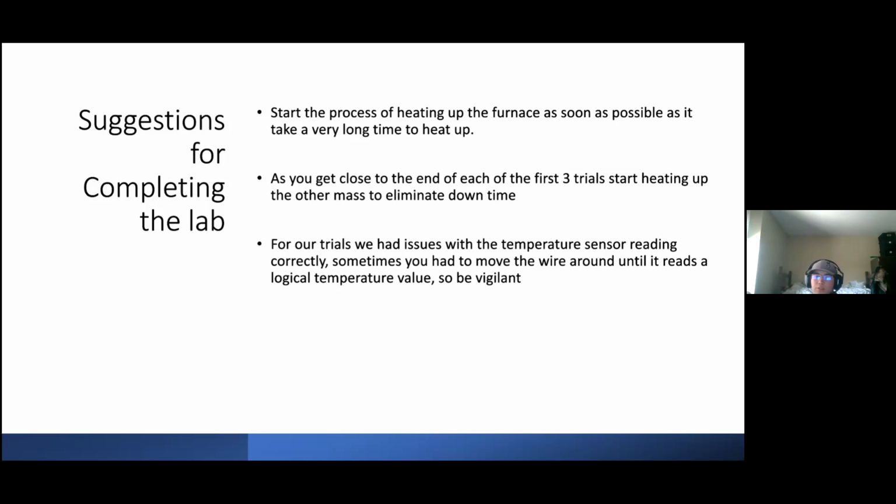And then as you get close to the end of the first 3 trials, put the other rod in so that it can start heating up to eliminate wasted downtime. And then for this lab, we had issues with our temperature sensor reading correctly. Sometimes you'd have to move the wire around in order for the temperature to be displaying a logical value. So be careful about this and keep a close eye on that.